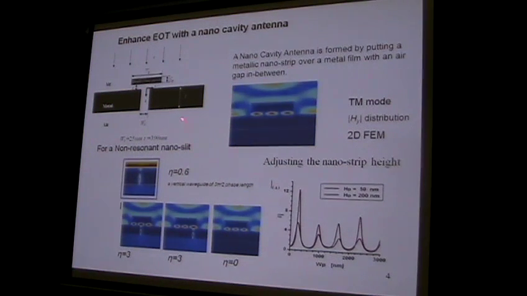But in the later case, after enhancement, you will see this efficiency is much larger than 1. That is because we harvest the light, collect the light, not just the light hitting the opening hole, but also hitting the surface of this metal film.